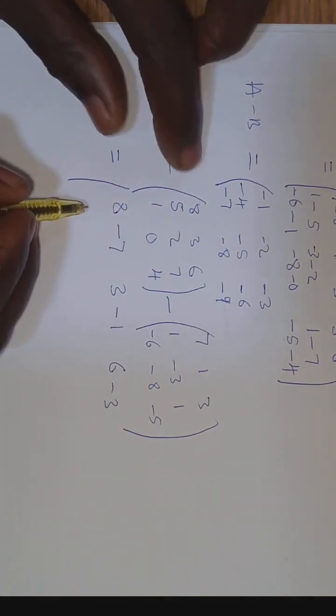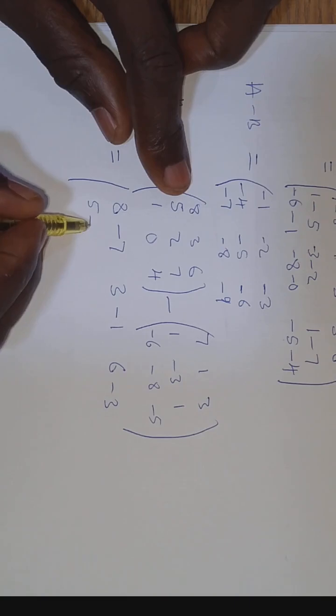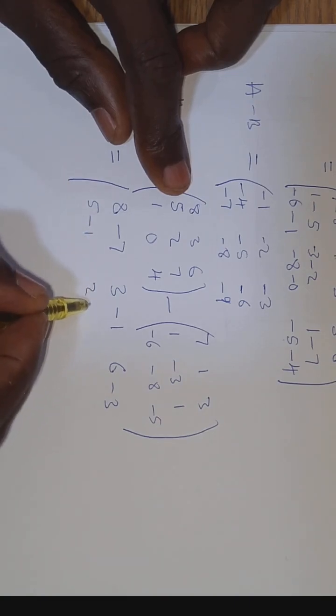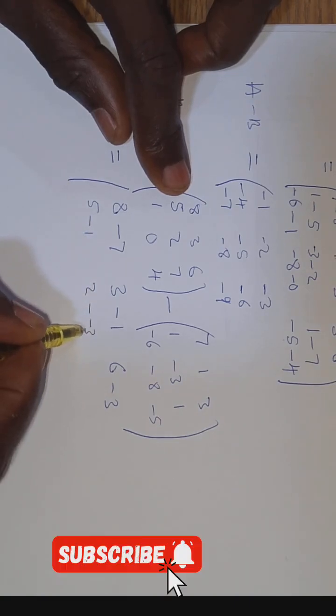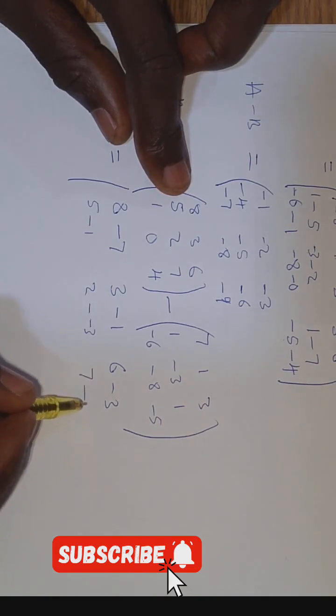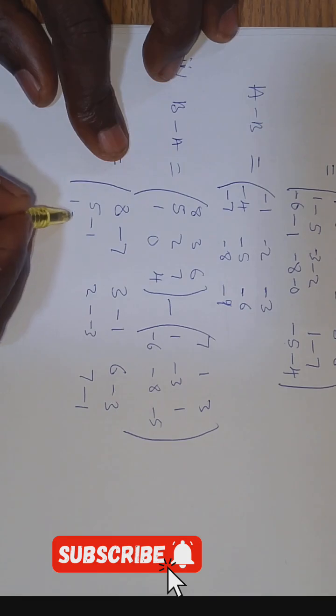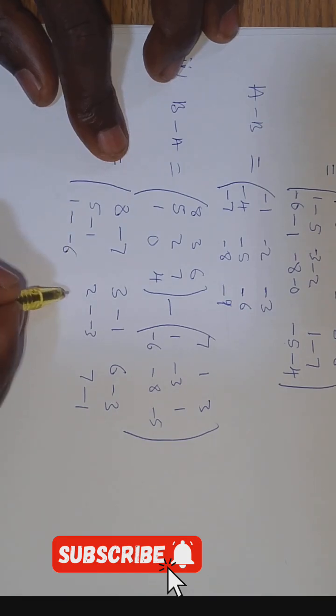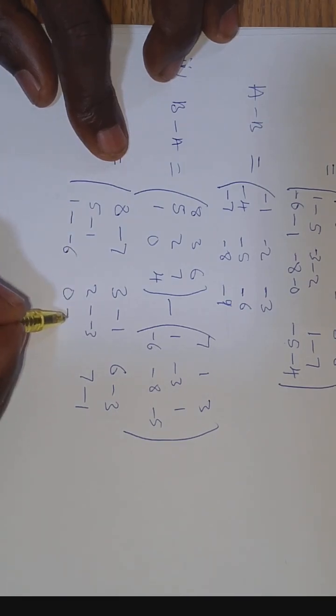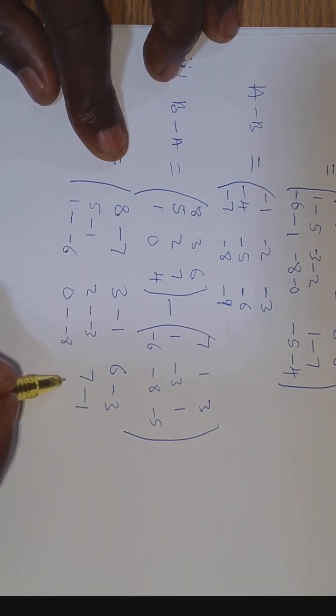The second row, 5 minus 1, 2 minus 3, and then 7 minus 1. Then we have 1 minus 6, 0 minus 8, and then we have 4 minus 5.